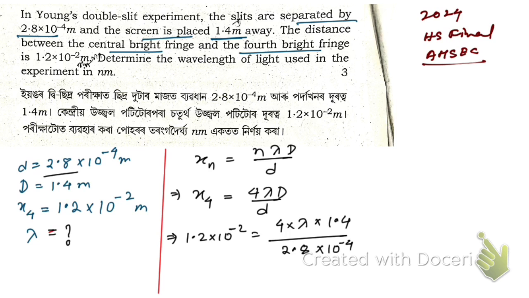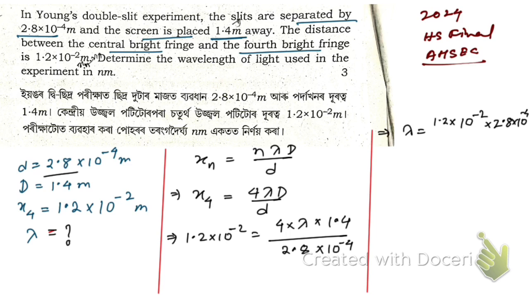So it implies that lambda is equal to, from this equation we can find, lambda is going to be equal to 1.2 into 10 to the power minus 2, then 2.8 into 10 to the power minus 4.